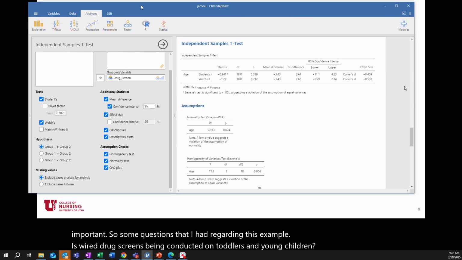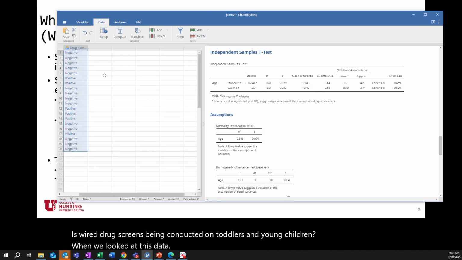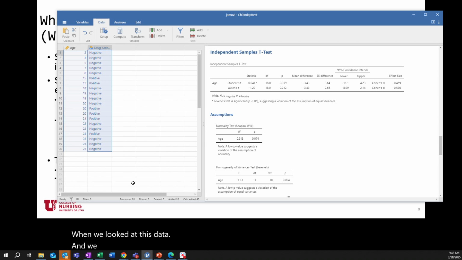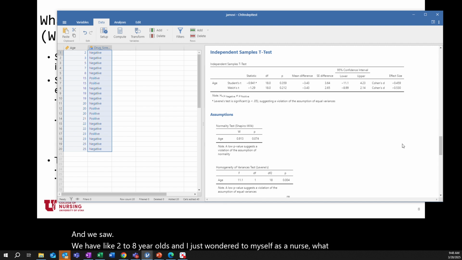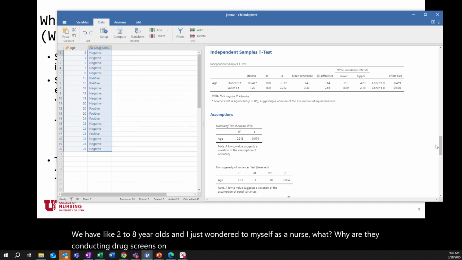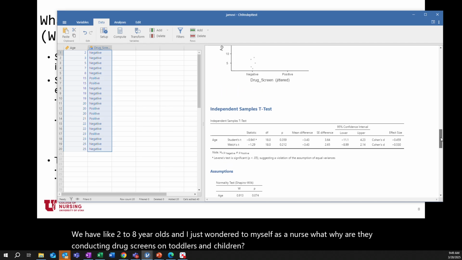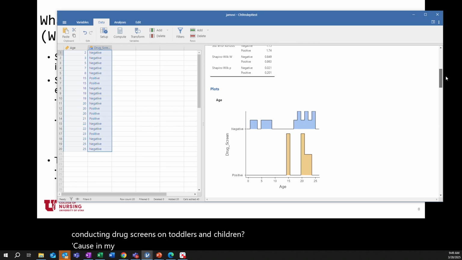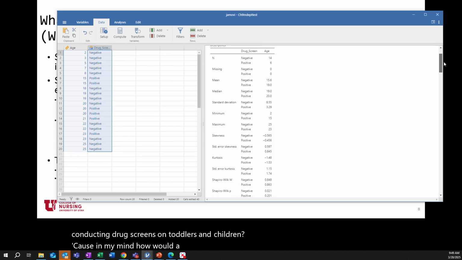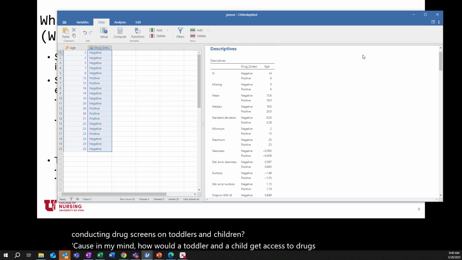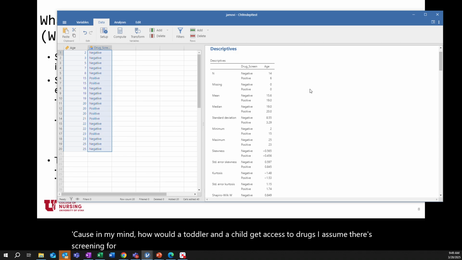When we looked at this data and we saw these ages, we have like 2 to 8-year-olds, and I just wondered to myself as a nurse, why are they conducting drug screens on toddlers and children? Because in my mind, how would a toddler and a child get access to drugs? I assume they're screening for illicit drugs. It wasn't described well. If this were a real study, you'd want to be describing that really well.